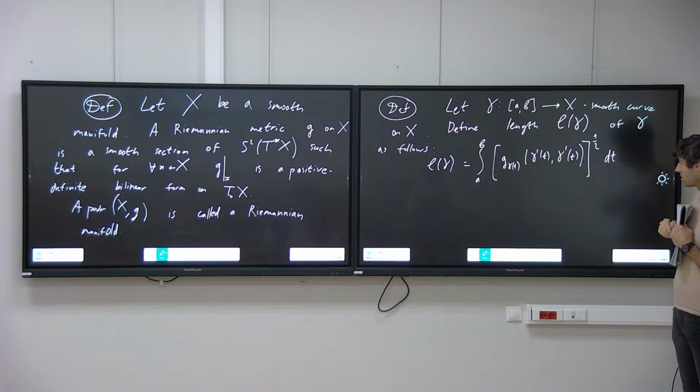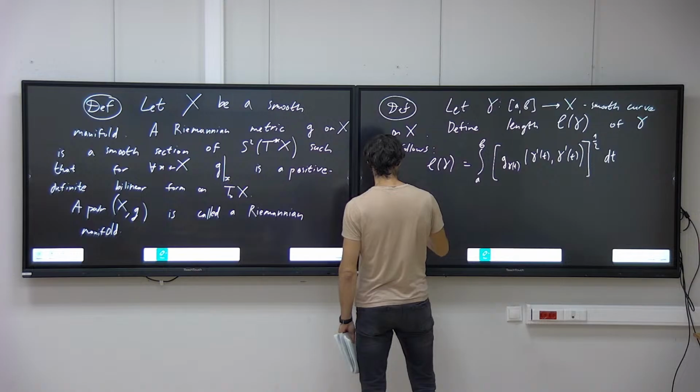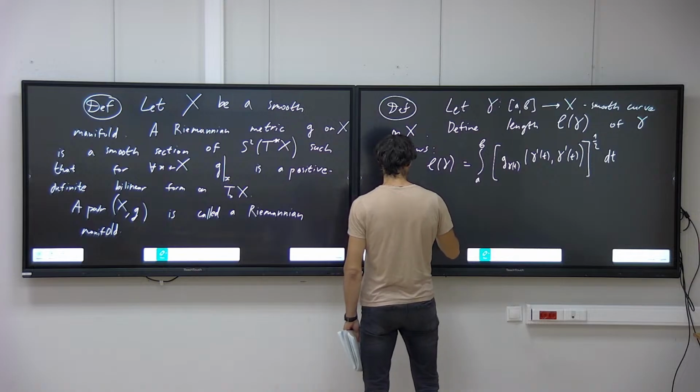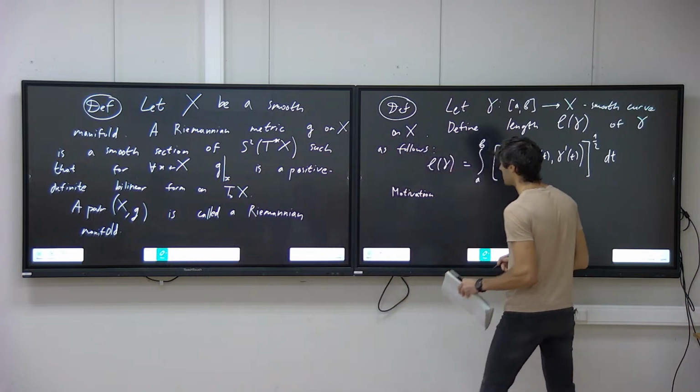It's clear what the motivation of this formula is, right? So let's just spell it out real quick. Or rather, an example of this.